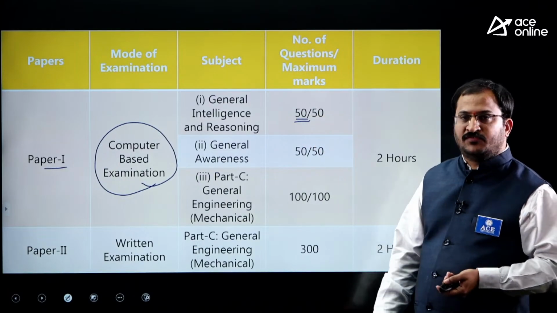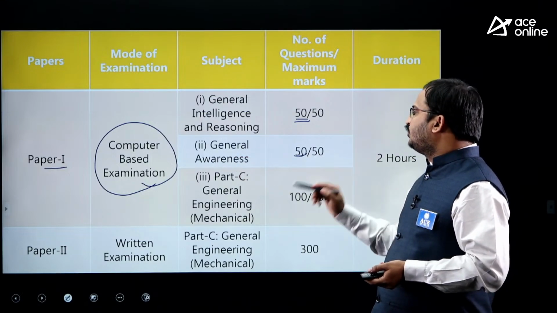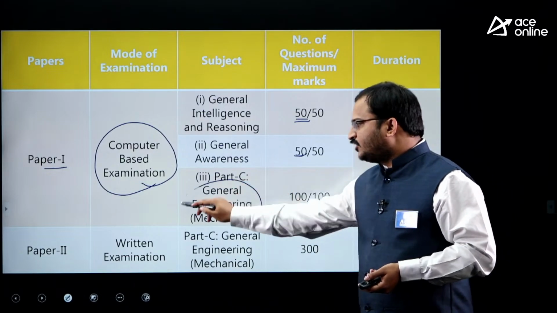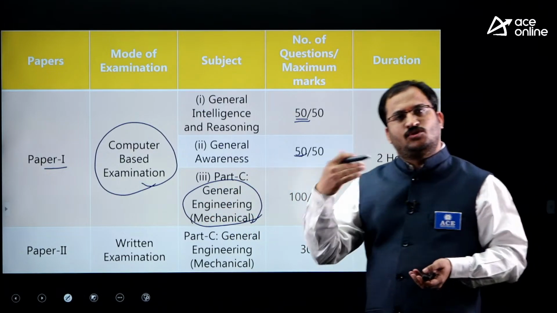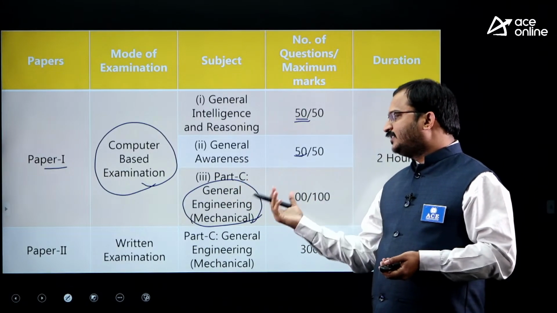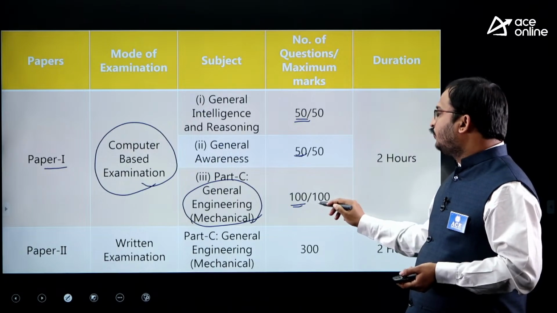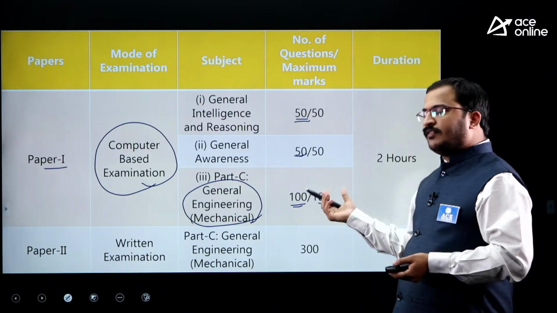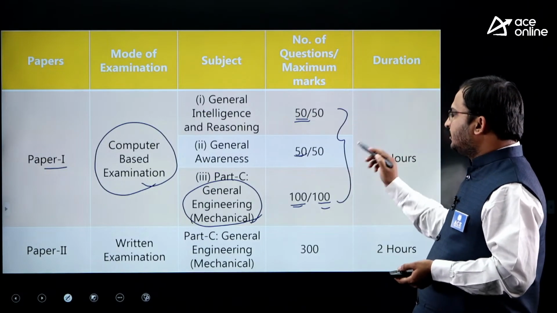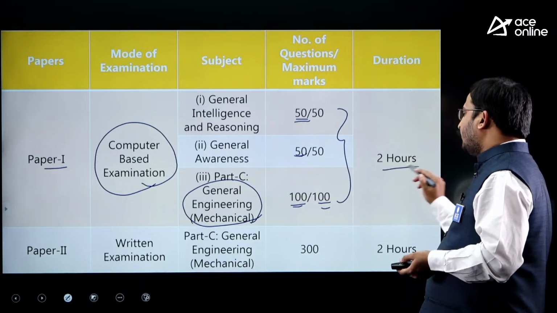Then general awareness, 50 questions for 50 marks, and part C will be general engineering, which is our mechanical engineering, and this course is for this particular part C. This will have 100 questions for 100 marks, and the total duration for the 200 questions you have to attempt is 2 hours.